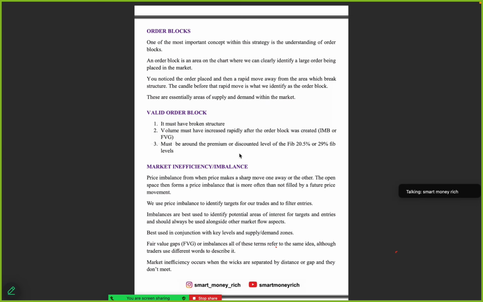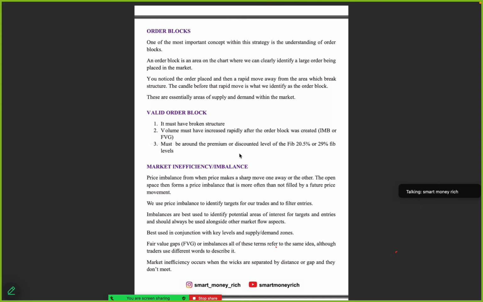What causes that impulsive movement is the amount of people, the amount of money that is entering the market at that point. The amount of people entering the market at that point, because these guys are smart money traders and they are entering with a huge amount of money.